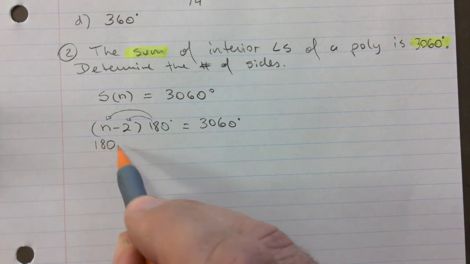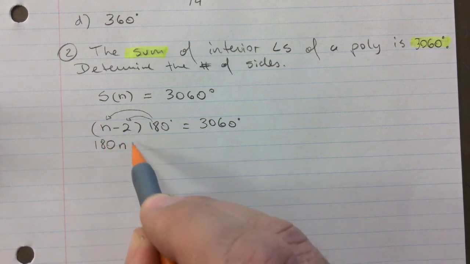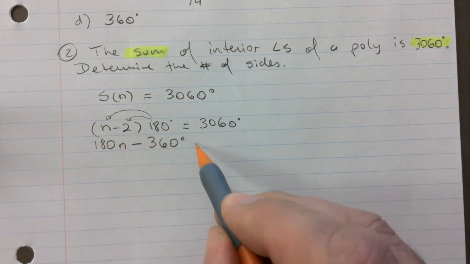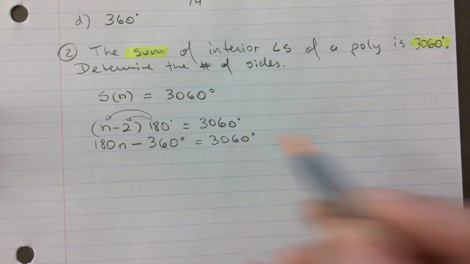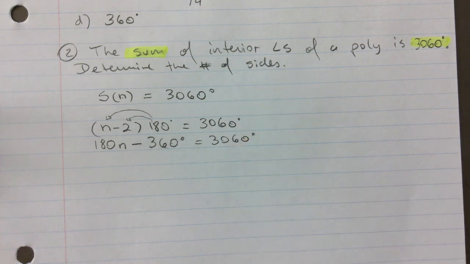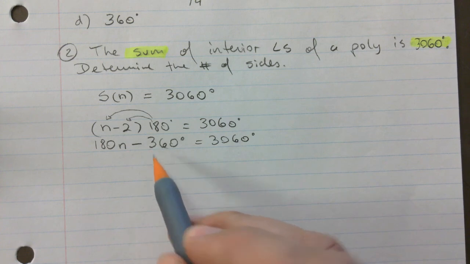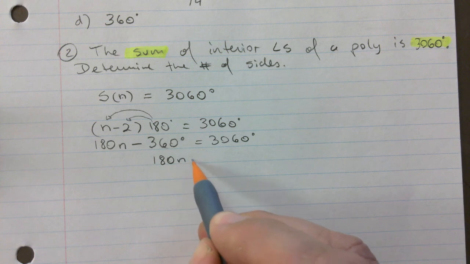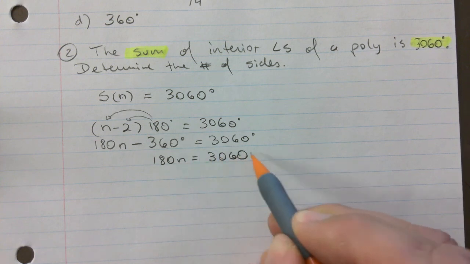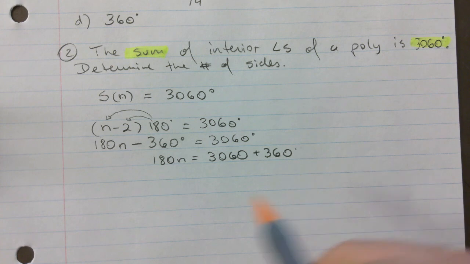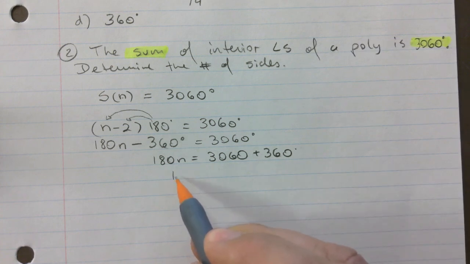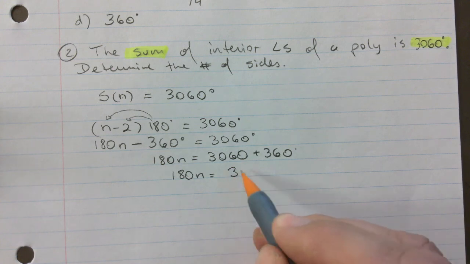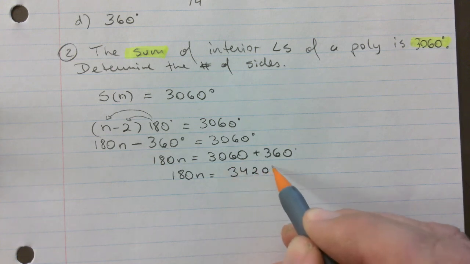So it's 180 times n, and then it's minus 2 times 180, which is 360 degrees. And that's 3060 degrees. I will bring the number over to the other side. So I end up with 180n is equal to 3060 plus 360. So it's 180n is equal to 3,420. You cannot get negatives, folks.